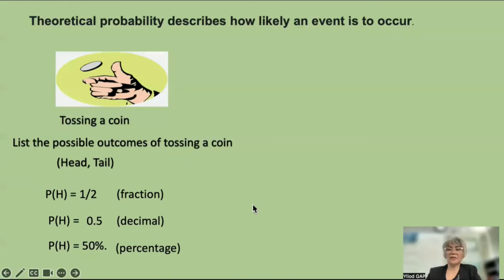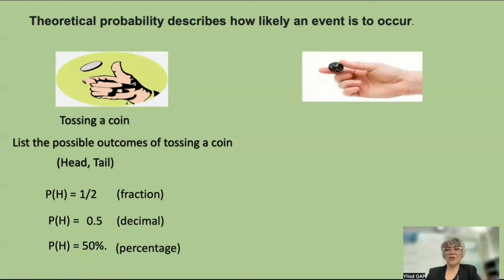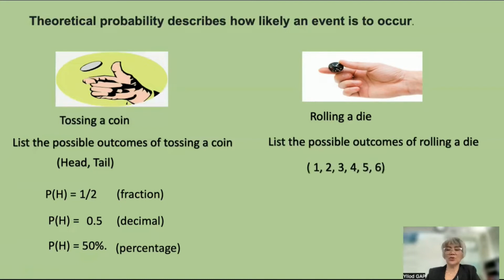Now let's look at the next single event, which is very familiar. So we have a rolling a die event, okay? So die is singular for dice, so I'll take it as rolling a die. So the possible outcomes are 1, 2, 3, 4, 5, or 6, okay? So what is the probability that the number that you will get would be less than 5?